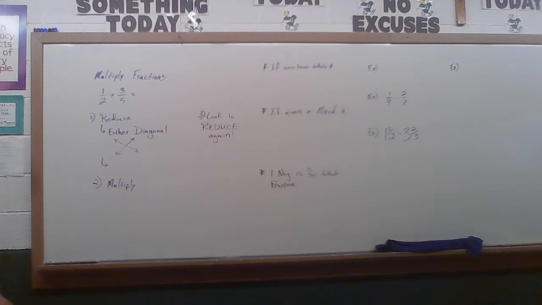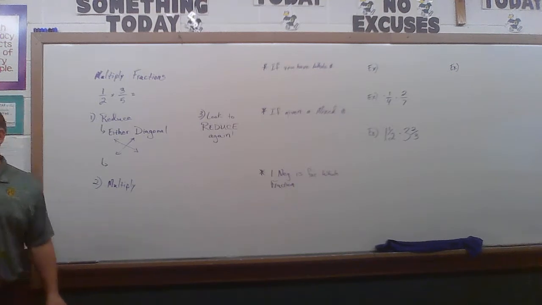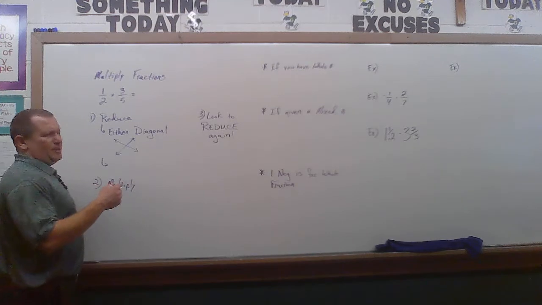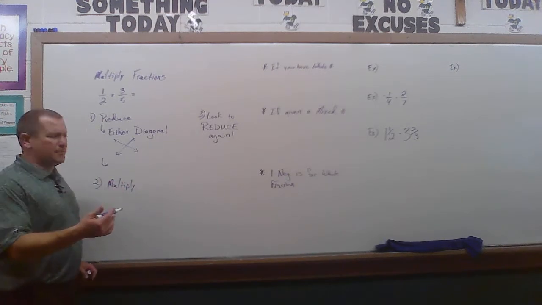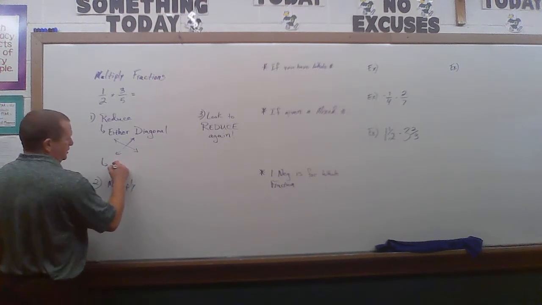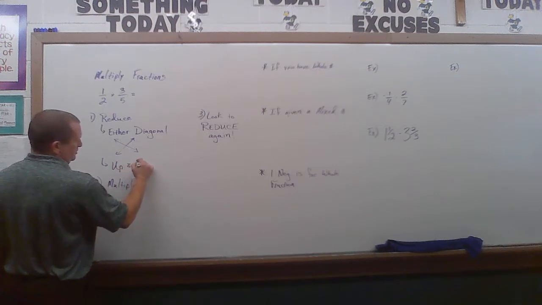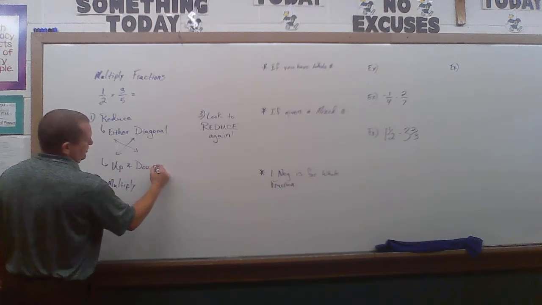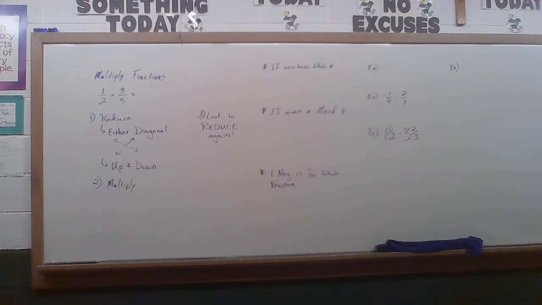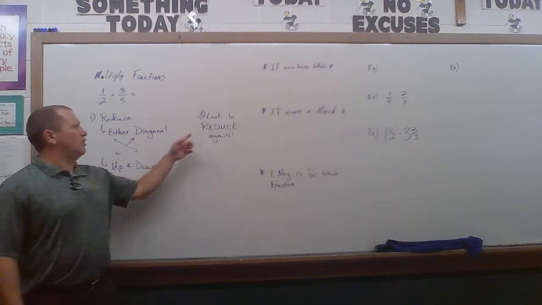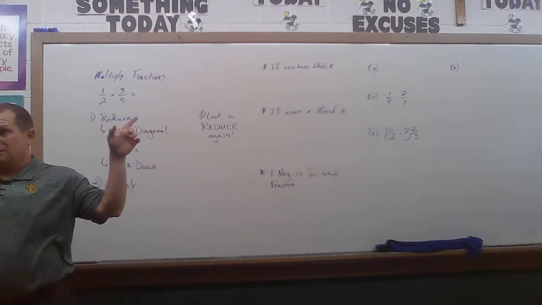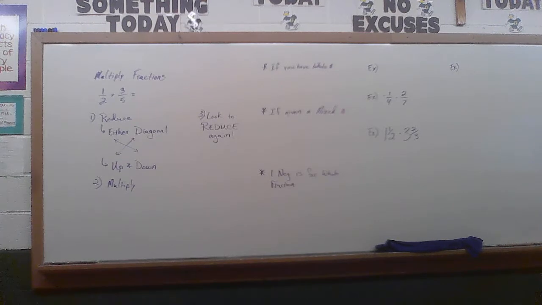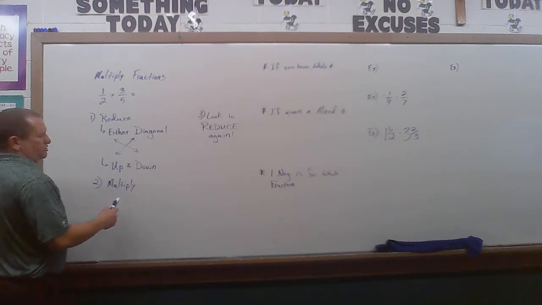Up and down. You probably wouldn't do this one so much because they would give the problem to you most times. Reducing up and down is probably more what you would do for number 3, if you decided to multiply first instead of reducing first. But I can multiply or reduce in either of those ways.